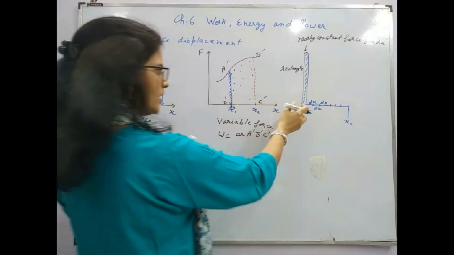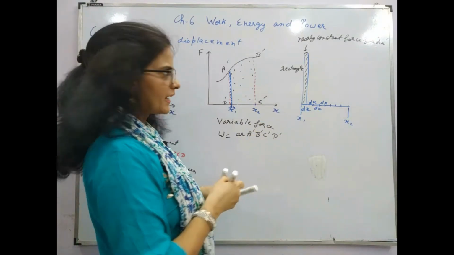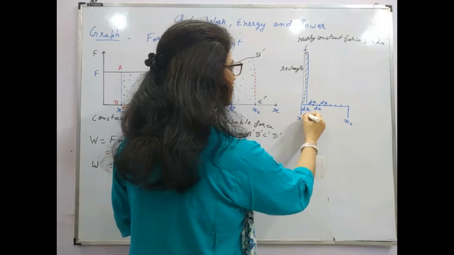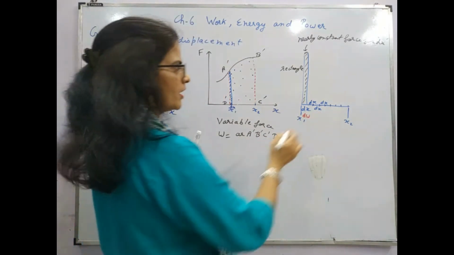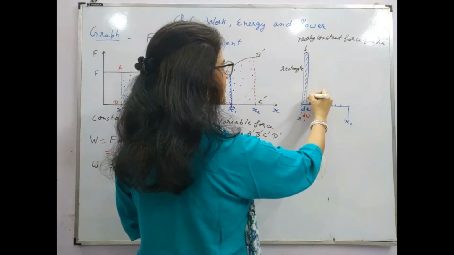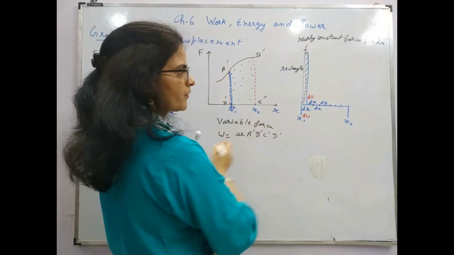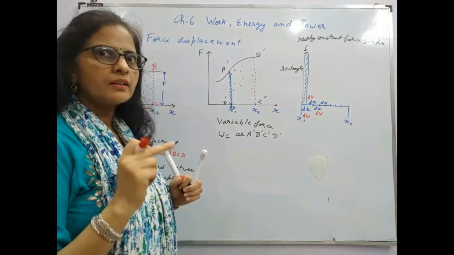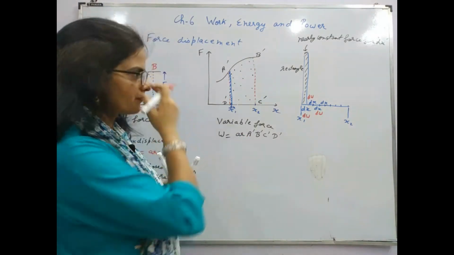So for a small dx interval, we can say that the work done is dW, and for the next dx interval it is also dW. So similarly for every dx interval, there will be a dW of work.